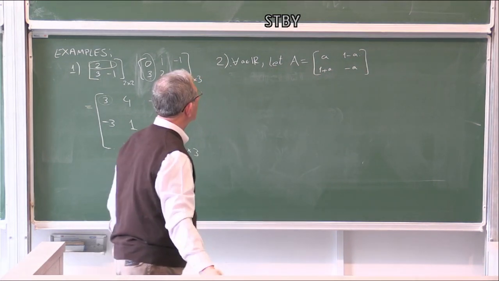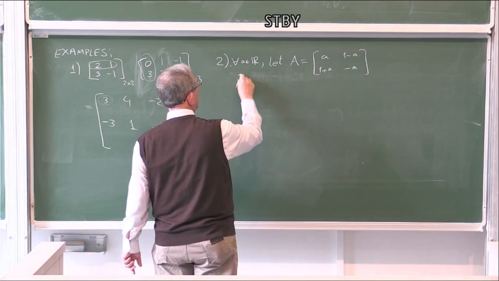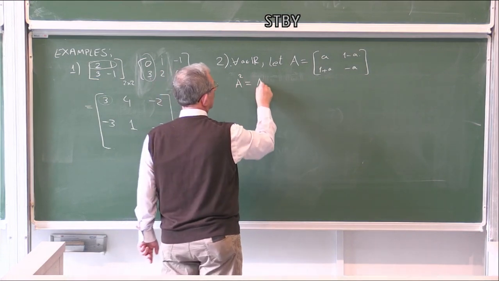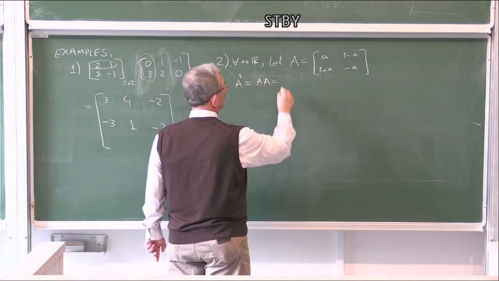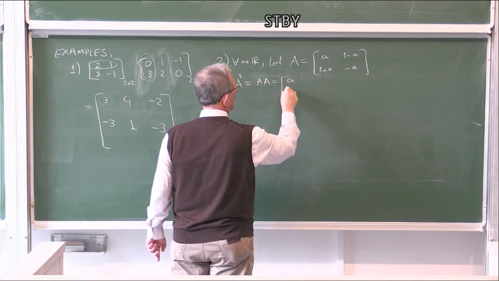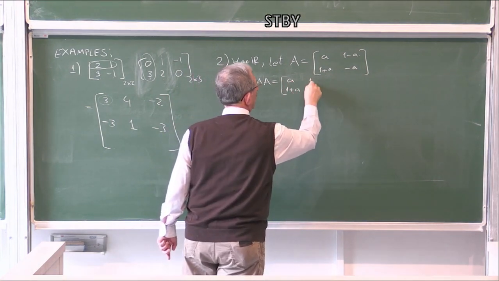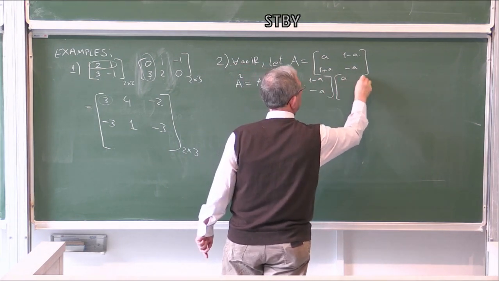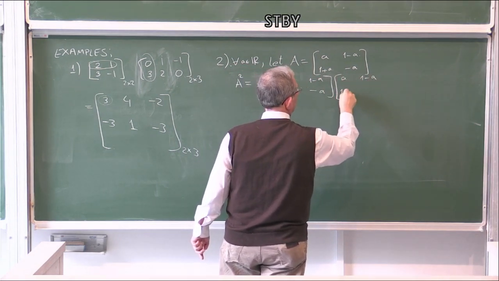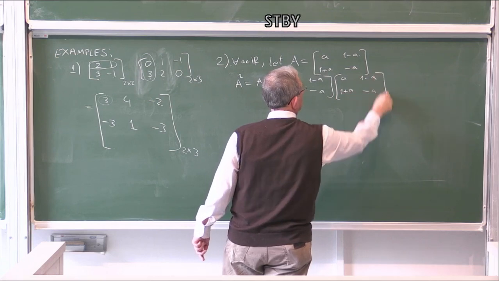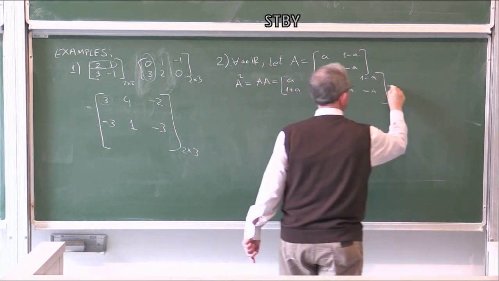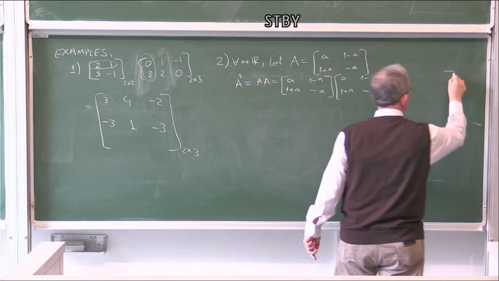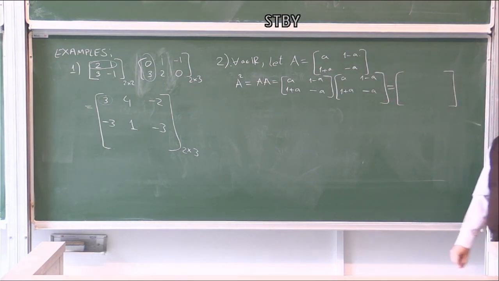Now consider the matrix A squared, which is A times A, multiplied by itself. Then, of course, this will be a 2 by 2 matrix at the end.